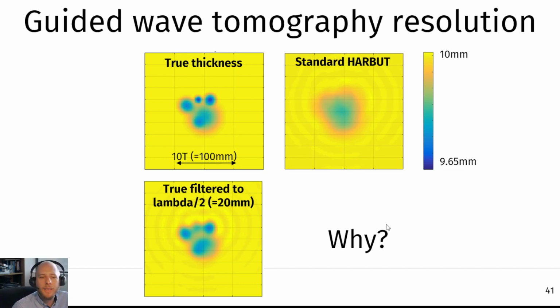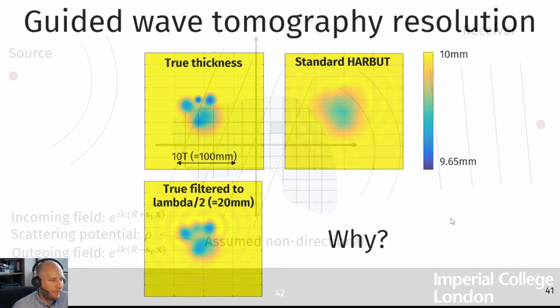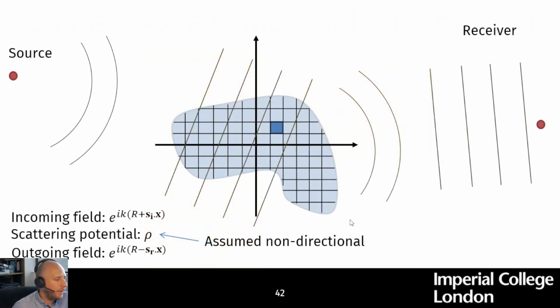And why is that? Well, we'll try to investigate this and try and find out what's gone on. And one of the main things is that we've assumed that the scattering potential from any kind of elemental scatterer, going back to this slide, is non-directional. So it's just a single constant regardless of the source and receiver directions.